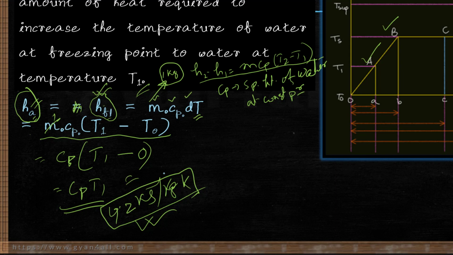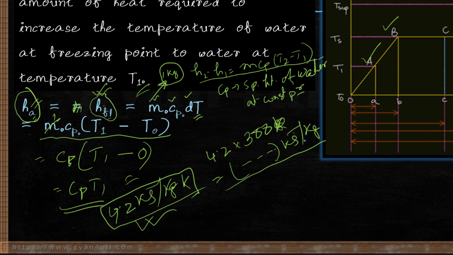So, if the temperature is say 300 Kelvin, then what will be the value of H? Equal to 4.2 multiplied by this temperature. It will ultimately become kilojoule per kg, because the Kelvin will cancel. It is per kg, the amount of heat per unit mass.